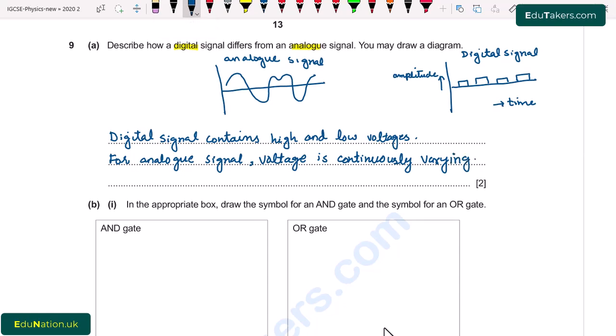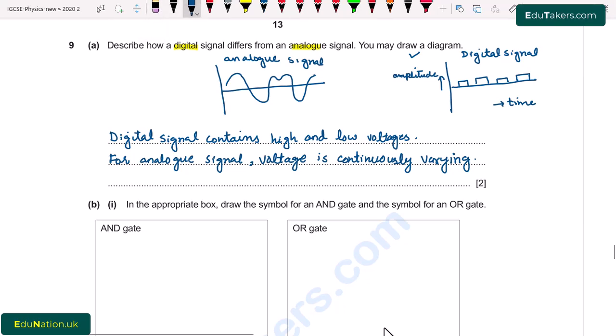So you can see from this that here voltage has no specific value. It is varying continuously. So it is analog signal, while this is the digital signal. Here the output, that is voltage, has high and low values.